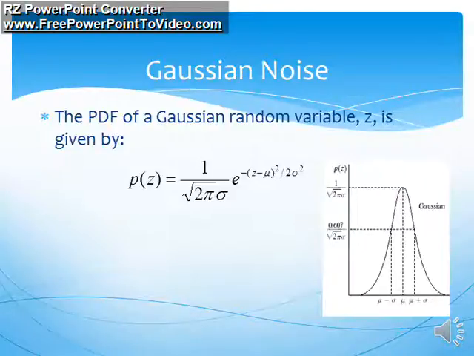The first one is the Gaussian noise. Here the probability density function of Gaussian random variable z is given by p(z) = 1 by root over 2 pi sigma e to the power minus (z minus mu) square by 2 sigma square, and the equation as well as the corresponding plot has been given at the right side.